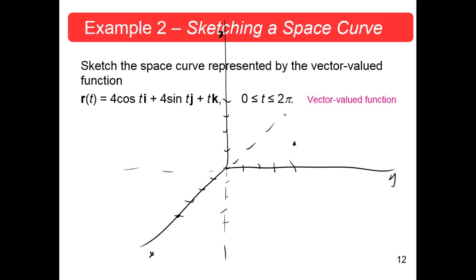Let's move on to t equal pi. Cosine of pi is? Okay, so you'll be back here. X will be -4. Y will be 0. K will be pi, which is 3.14.